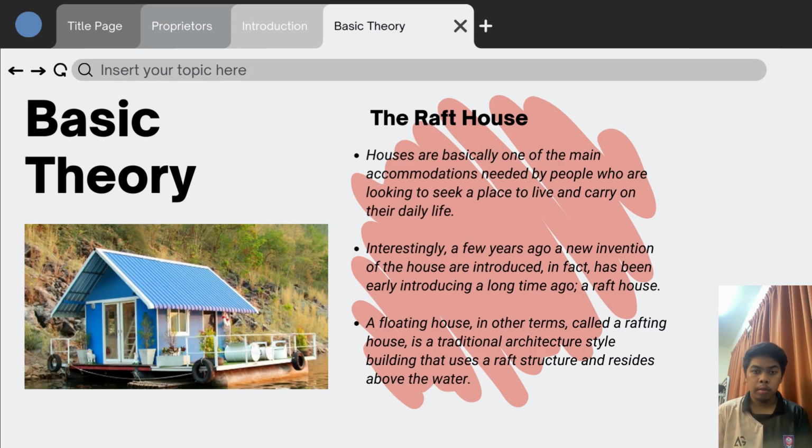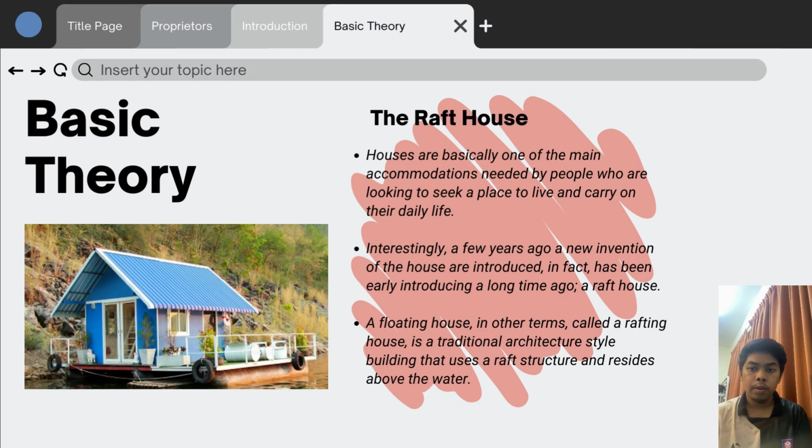Hi and Assalamualaikum. My name is Muhammad Izzuddin Bezamri, matric number AA200789. I will talk about basic theory first. The raft house. Houses are basically one of the main accommodations needed by people who are looking for a place to live and carry on their daily life.